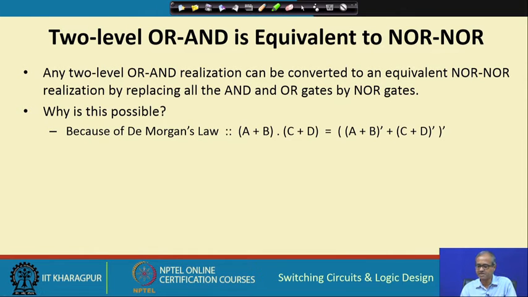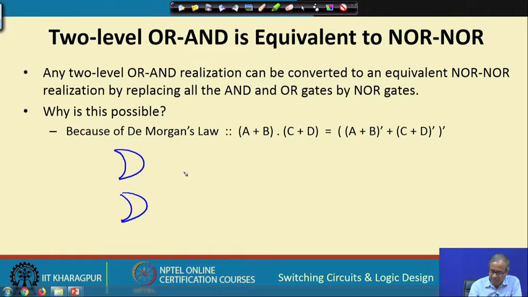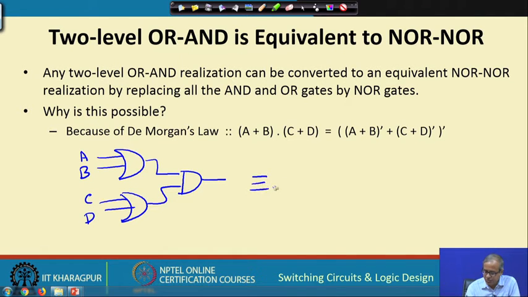A 2-level OR AND circuit is equivalent to NOR NOR. Here also the idea is very similar. I have a 2-level OR AND circuit like this. Here also let us say the inputs are A, B, C, D. What I say is that this is equivalent to a similar circuit where all the gates are made NOR.